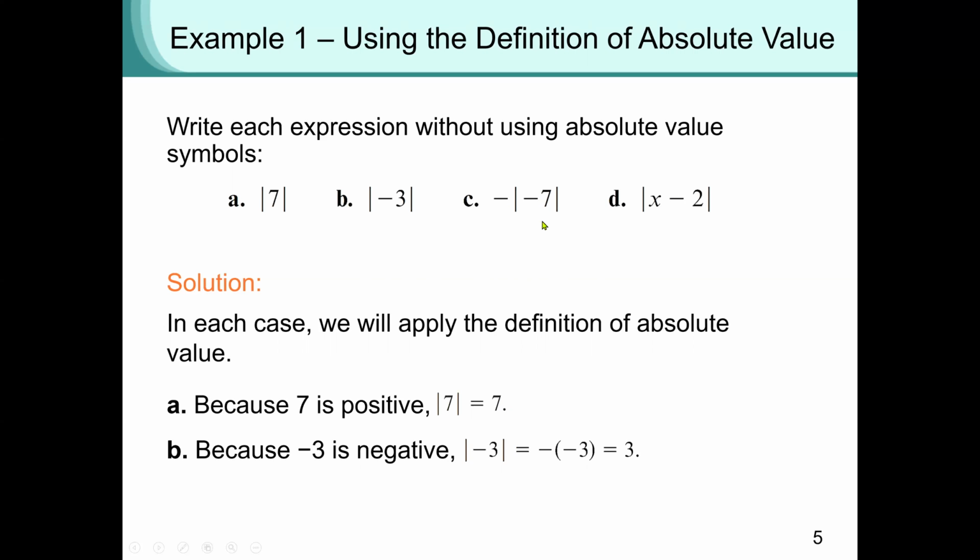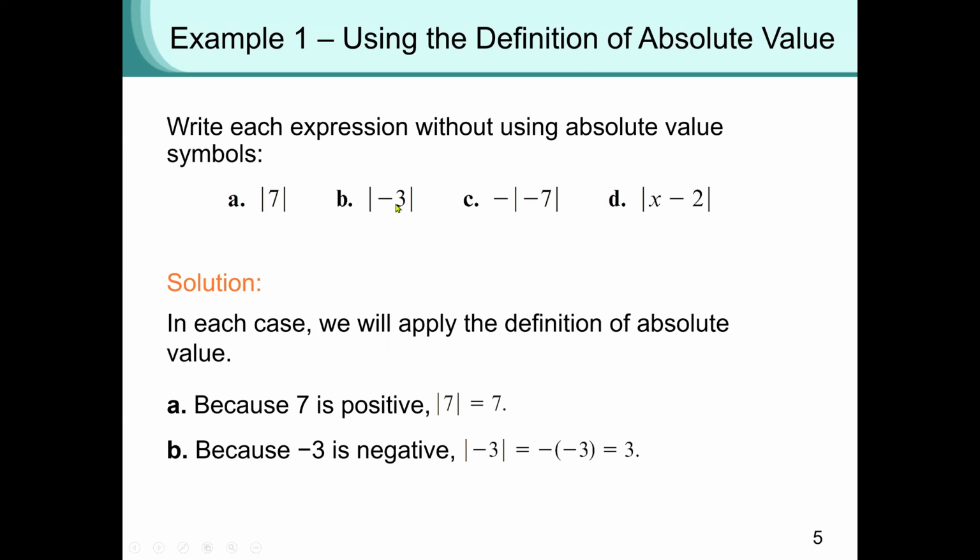Since we said that with absolute value, whether the number is positive or negative, our answer will always be positive, the absolute value of negative 7 will be 7. Then times negative 1, the answer will be negative 7.